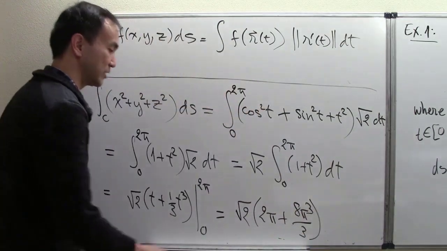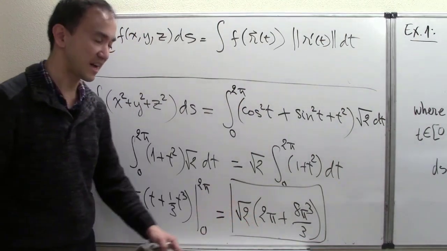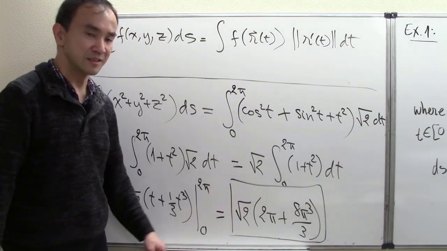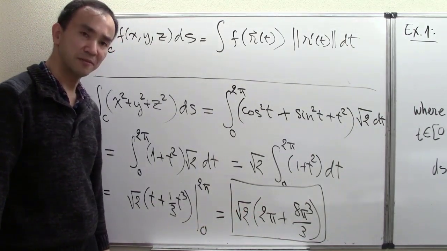We can do some further simplification of that expression, but I don't feel there is any practical need for that. So I'll just leave it in this expression right here.